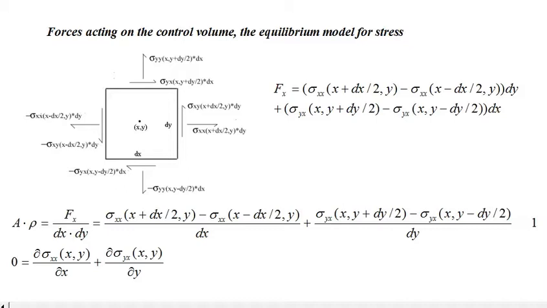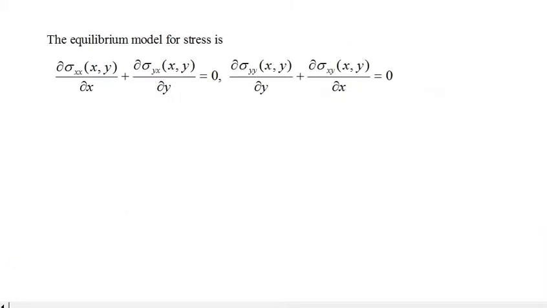And since acceleration is 0, the right side of the equation is 0, and taking the limit as dx goes to 0 and dy goes to 0, we have that the partial derivative of sigma xx with respect to x plus the partial derivative of sigma yx with respect to y equals 0. And this is the equilibrium model for stresses in the x direction. A corresponding analysis gives the equation for equilibrium for stresses in the y direction, and we have the equilibrium model for stress.